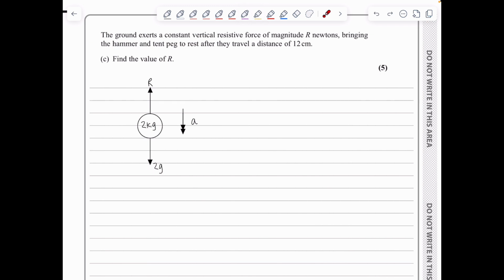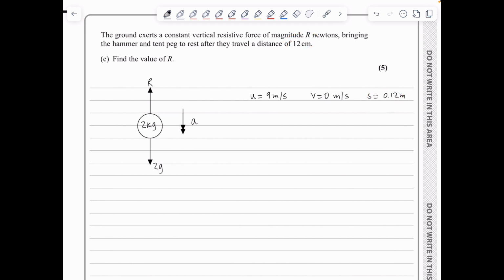I will start by stating that the initial velocity of this combined system is 9 meters per second. It's being brought to rest, so the final velocity is 0 meters per second, and the displacement, the distance covered, is 0.12 meters. Be careful here because we were given this in centimeters. We need to make sure that there is homogeneity in the units, so I'm going to convert the centimeters into meters.